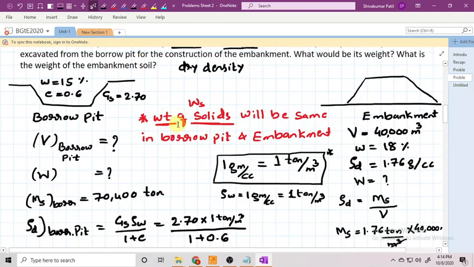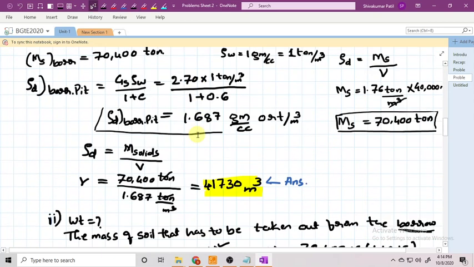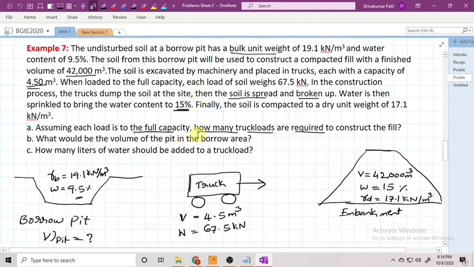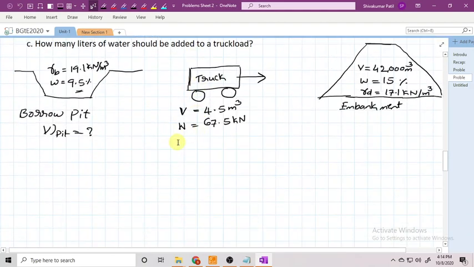Okay, so let me copy this entire thing. Anyway, let me write it here one more time. There is no issue at all.